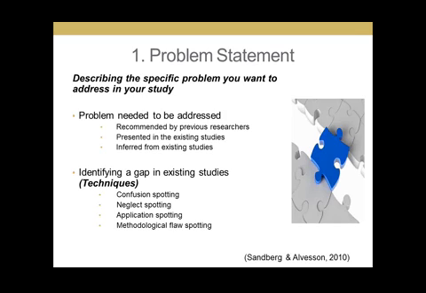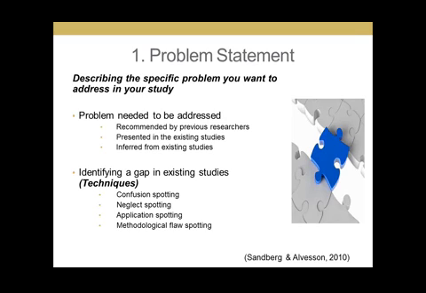How do you do that? There are many ways of identifying a gap in the literature, and there are about 4 ways. The first one is confusion spotting. This means that when you're reading the literature about your topic, there are competing explanations concerning your topic or the issue that you want to focus on.